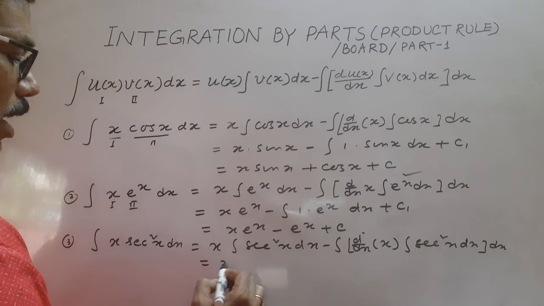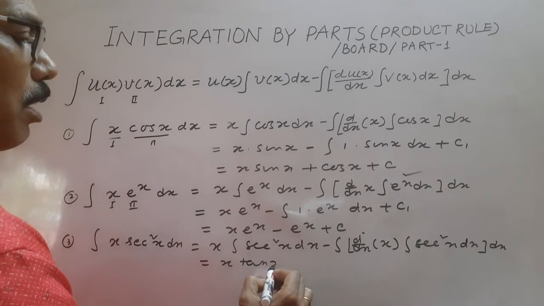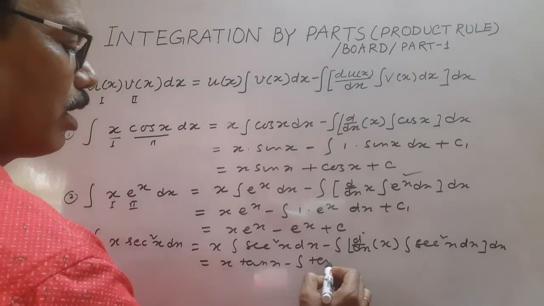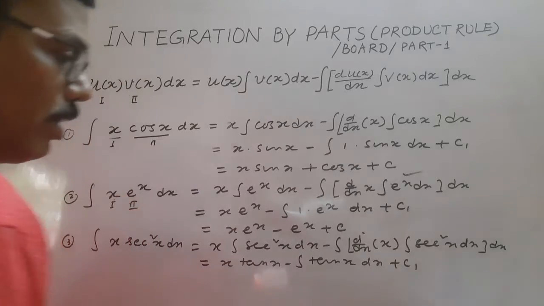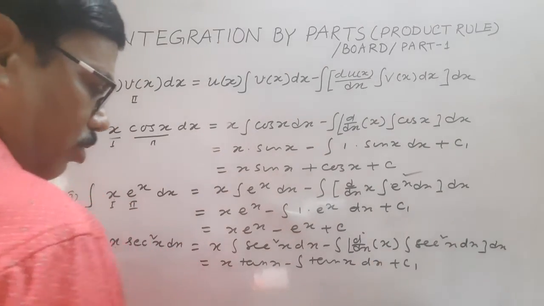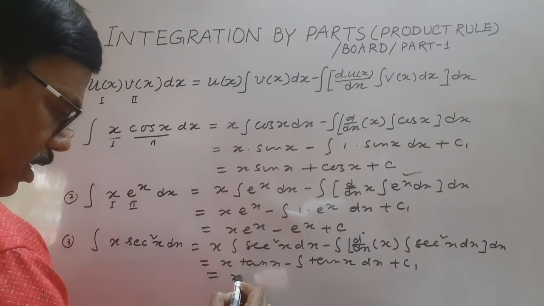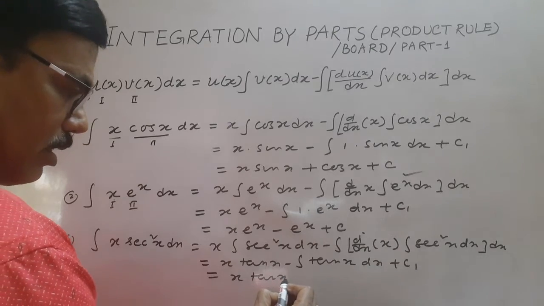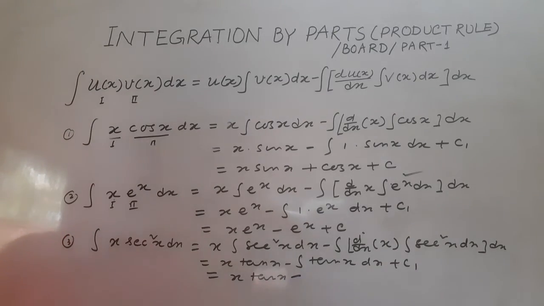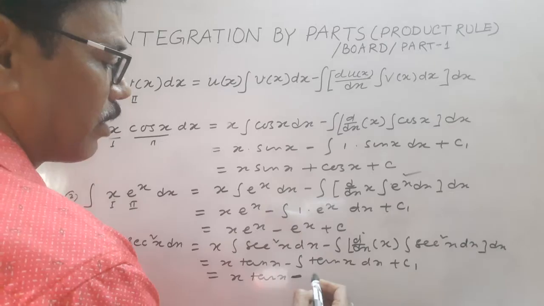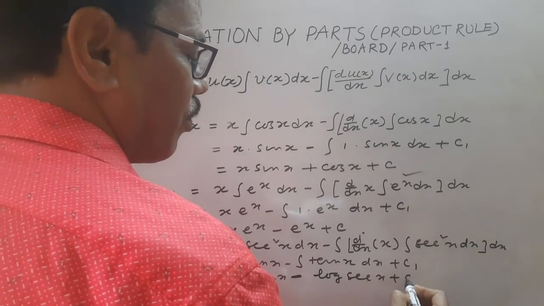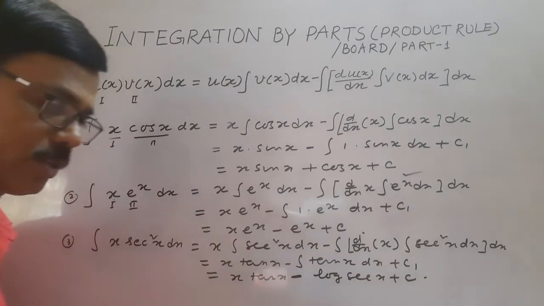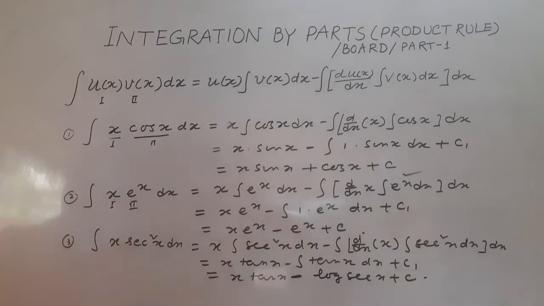So x tan x minus the integral of tan x dx plus c. The integral of sec square x is tan x. Now x tan x minus the integration of tan x. This is log sec x plus c.